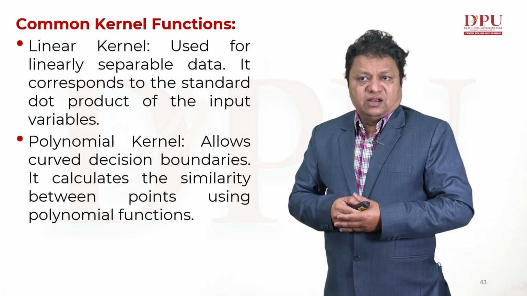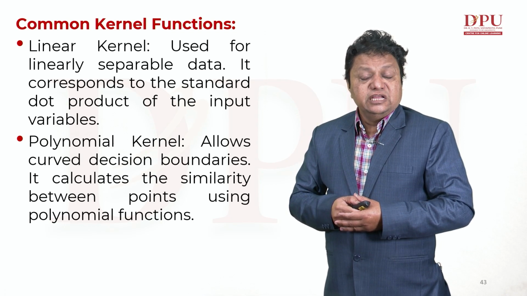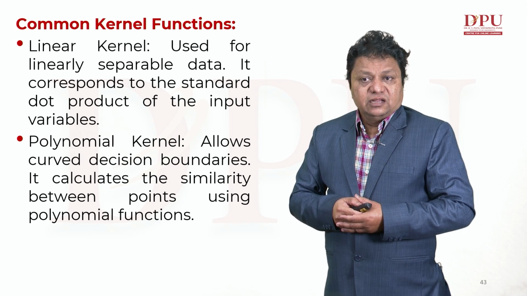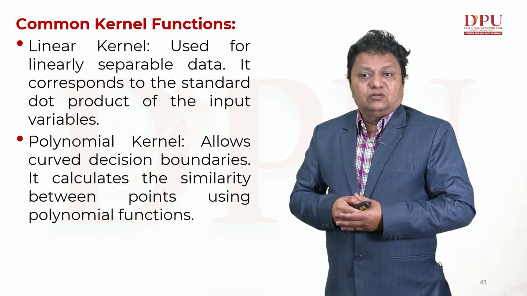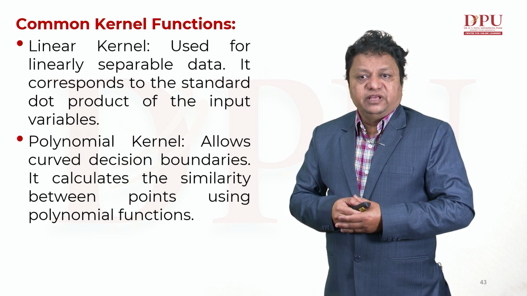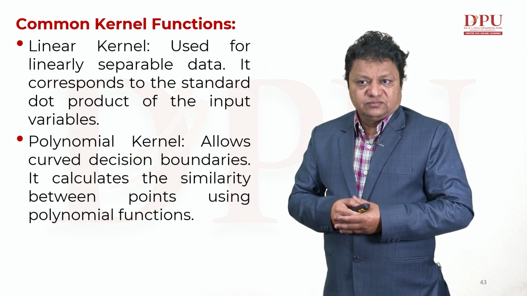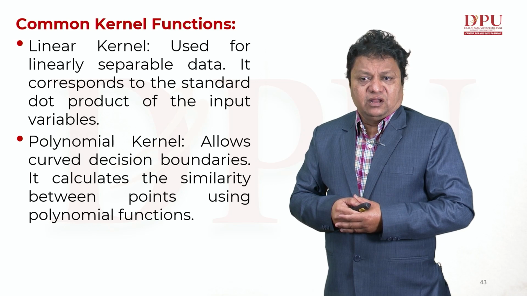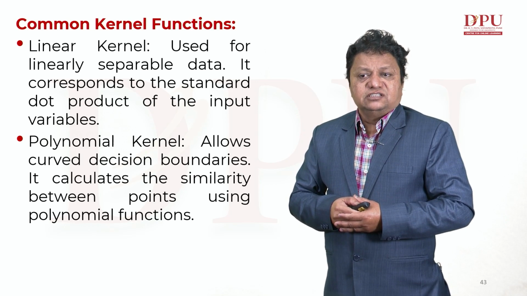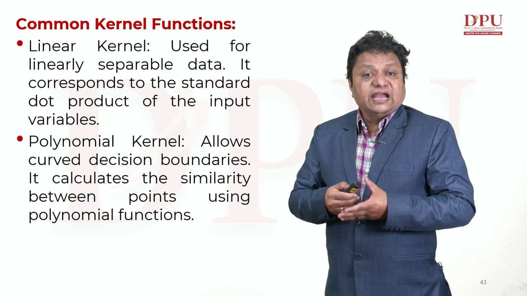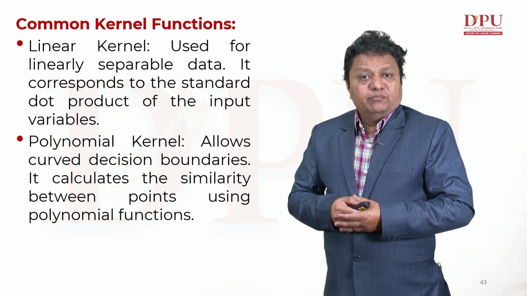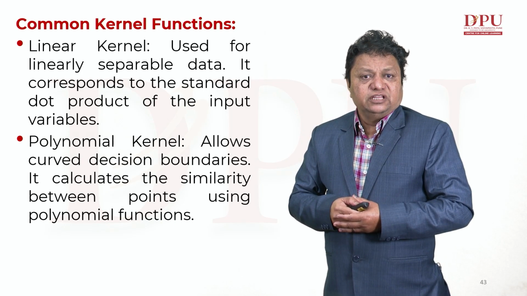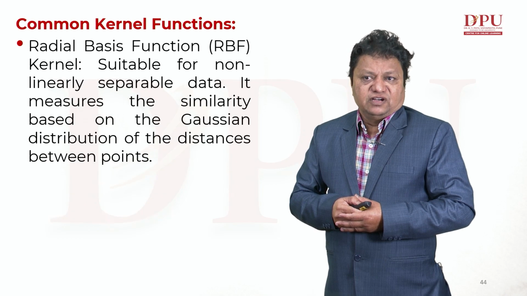The linear kernel is used for linearly separable data, and corresponds to the standard dot product of the input variables, whereas the polynomial kernel allows curved decision boundaries. It calculates the similarity between the data points using polynomial functions.